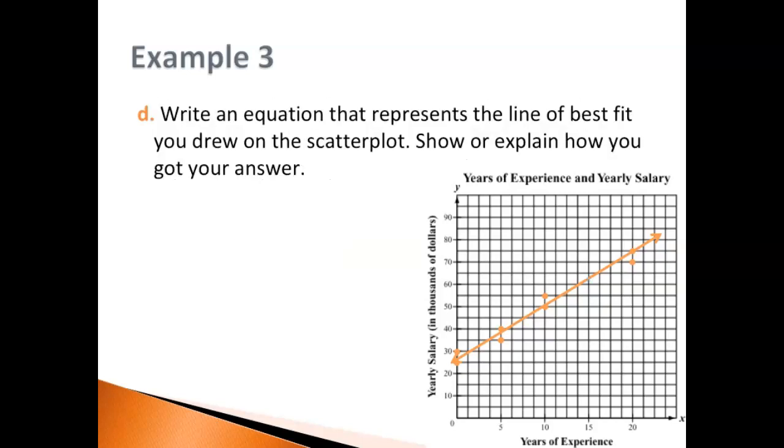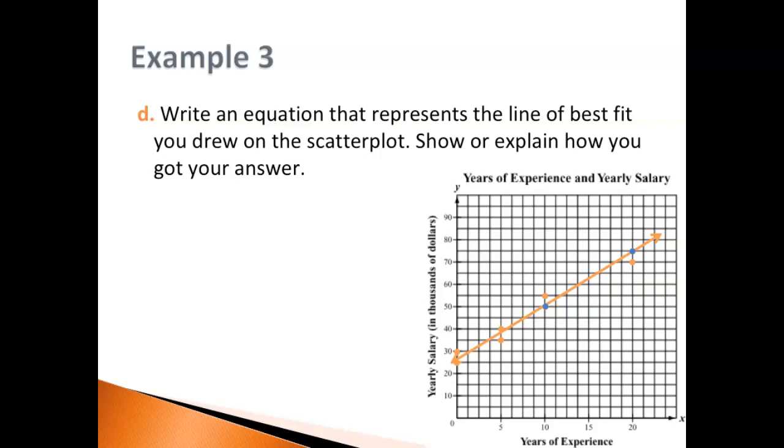All right, part D. Write an equation that represents the line of best fit that you drew on the scatter plot. Show or explain how you got your answer. So if you'll notice here, the way that I've drawn this line, it goes through these 2 points. So I'm going to use those 2 points to come up with the equation of the line. Now remember, to find the equation of a line using 2 points, you're going to have to start off by finding the slope of the line, and after you find the slope, then we'll plug in one of those points to find the y-intercept.